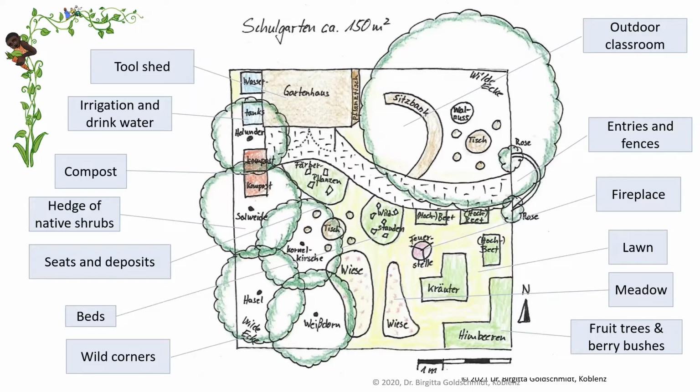This is because if you want to make a good lesson in the school garden, you need other places behind or beside the beds, because in the beds you can just work with two, three, four, five children perhaps, and the other children always have to do other things.